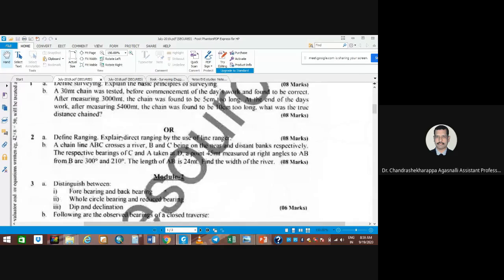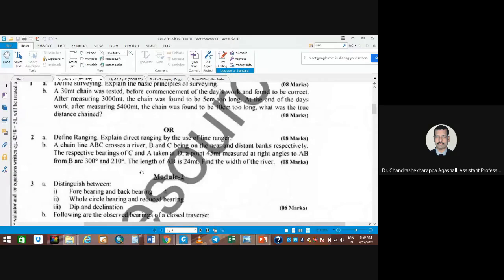Another type is that a chain line ABC crosses a river, B and C being the near and distant banks respectively. The respective bearings of C and A were taken at D, at a point 45 meters from B, measured at a right angle to AB, as 300 degrees and 210 degrees.